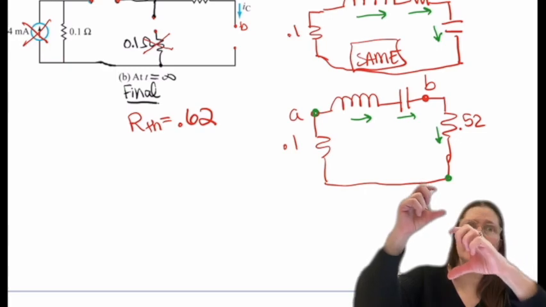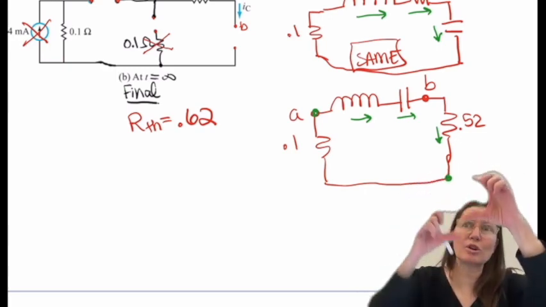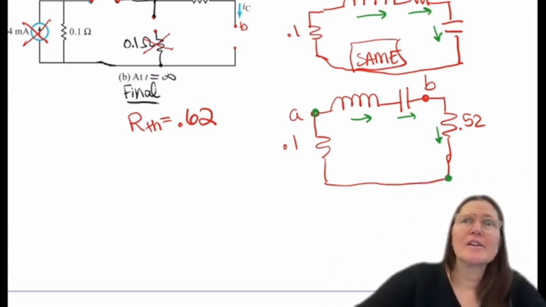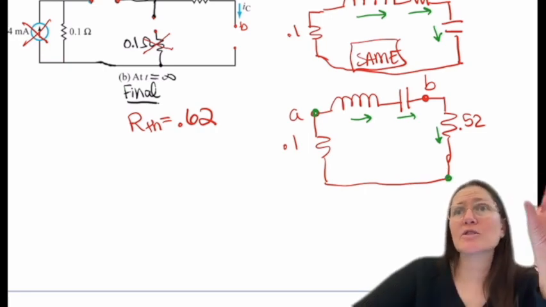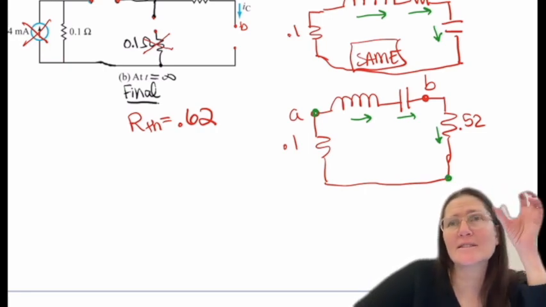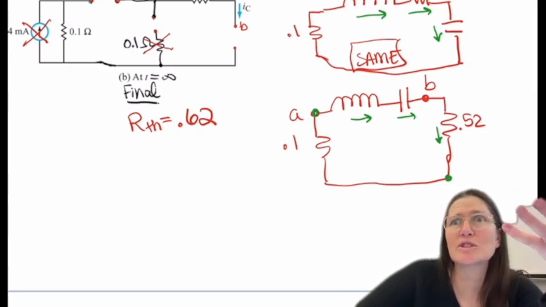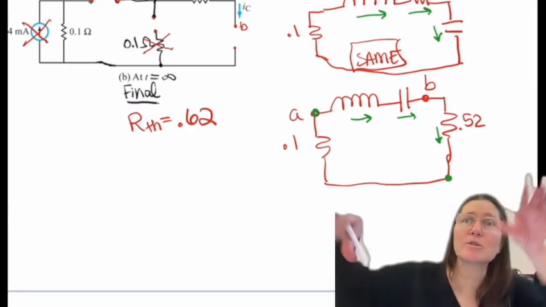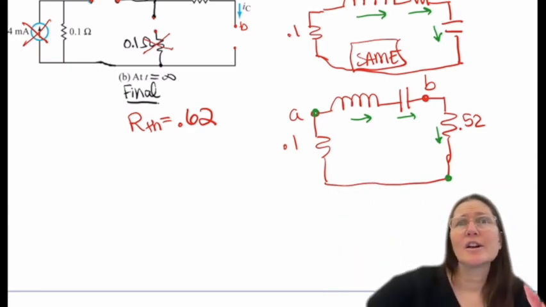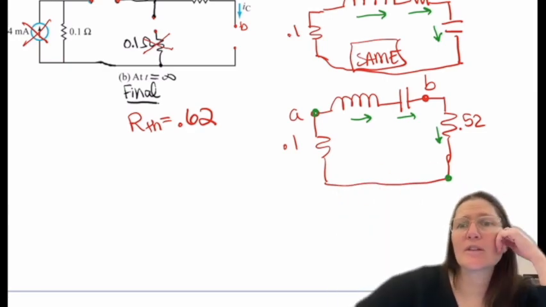Current could flow through this one and this one, so it doesn't matter which order they're in, as far as resistance is concerned. As far as, yeah, like an impedance. So we look at the inductor and the capacitance as an impedance, just like we do with resistors. So with impedances, we can move them throughout a branch, and they're going to be the same currents going through all of them.